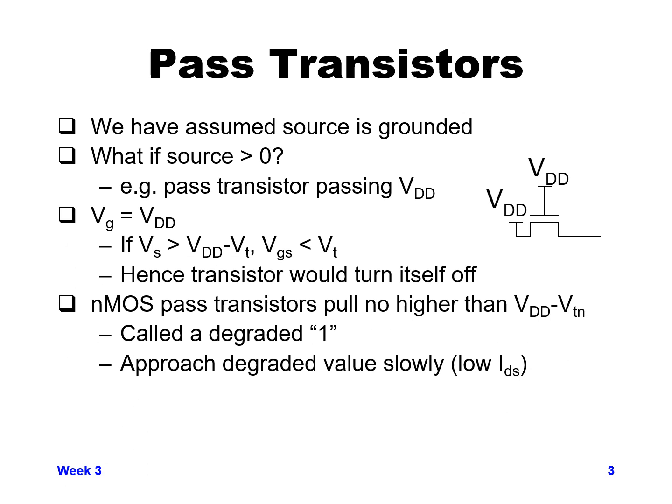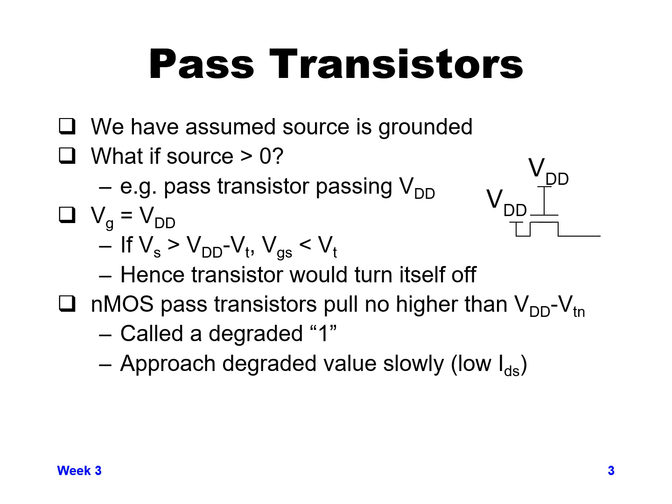So if we think about this transistor a little differently, and say VDD is our input, we connect that to the drain of the NMOS, and we use the NMOS to try and pull the source up to VDD. In this case, let's see what happens. So we have VG equal to VDD.